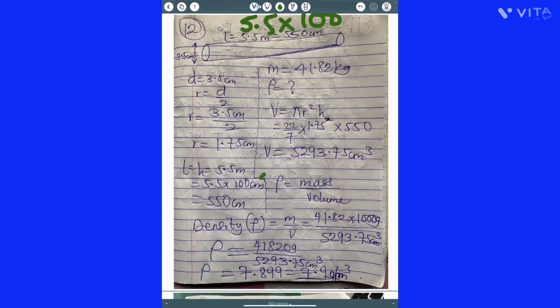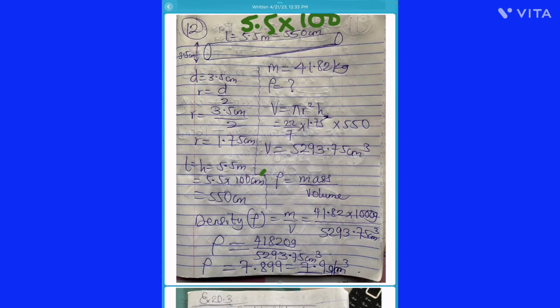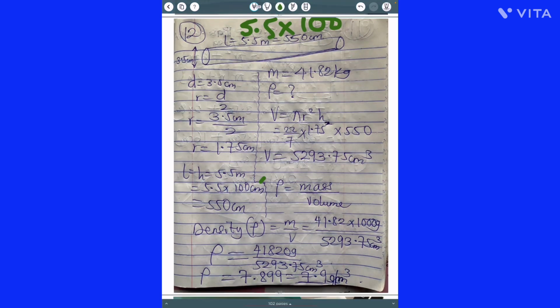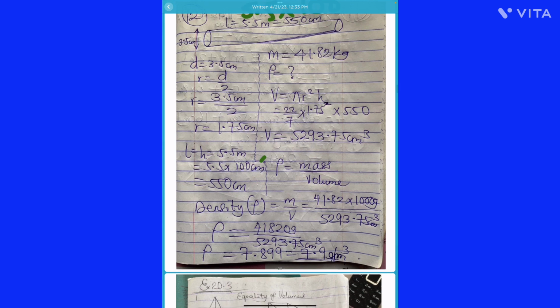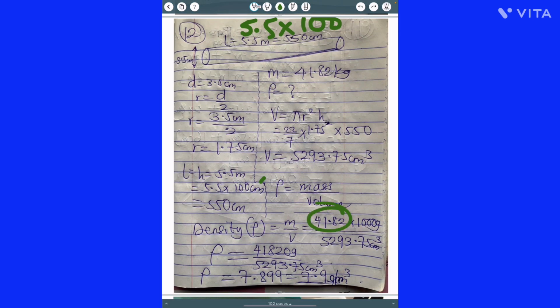The question says we should find the density if its mass is 41.82 kilograms. Find its density in grams per cm cube.